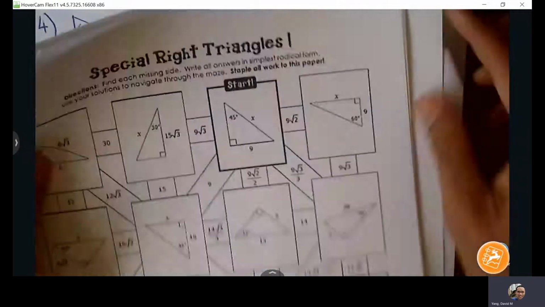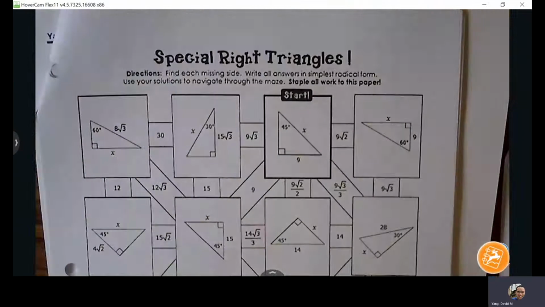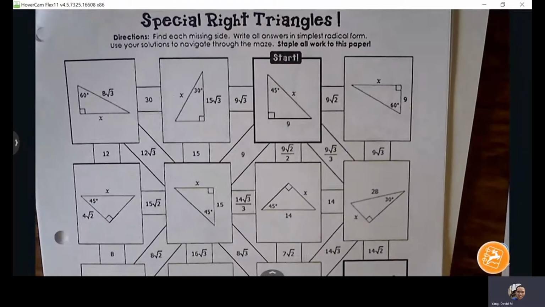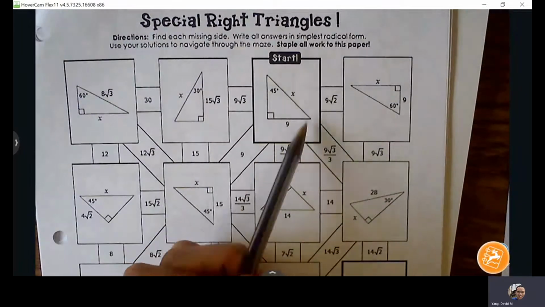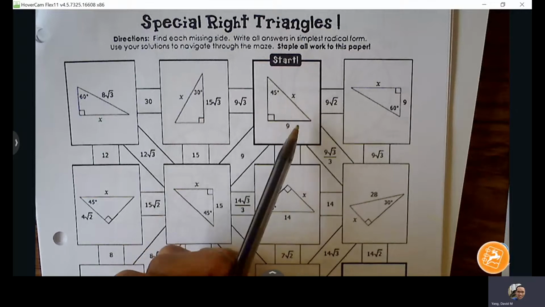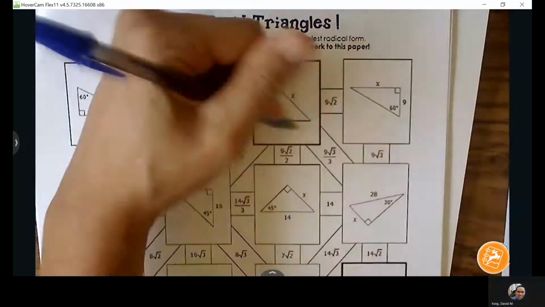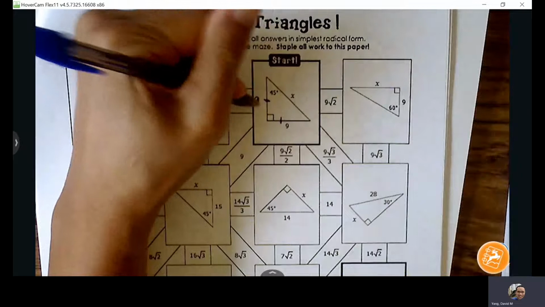Okay, let's do the first few to kind of help you get started. Okay, so first we're starting with a 45, 45, 90 triangle. We have leg values given. They're both 9.